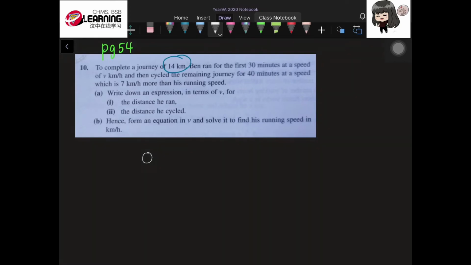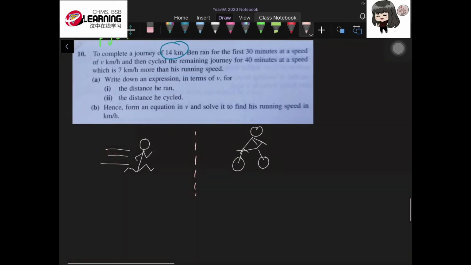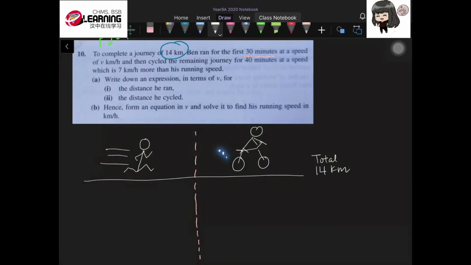So Ben running, after that he cycled. So you fill in the first 30 minutes. You do a table for this. The whole journey is 14 kilometers, the total distance for him to run and then cycle.